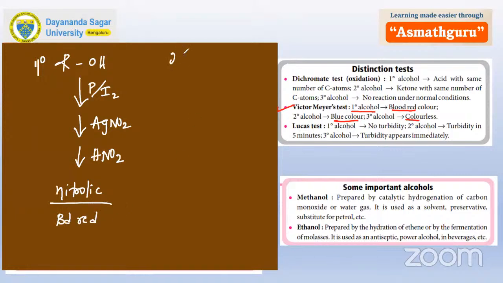If your alcohol is secondary, when you add these reagents, iodine, AgNO2 and HNO2, you'll end up getting a blue color, due to formation of a pseudonitrole, which in a basic solution gives you blue color.